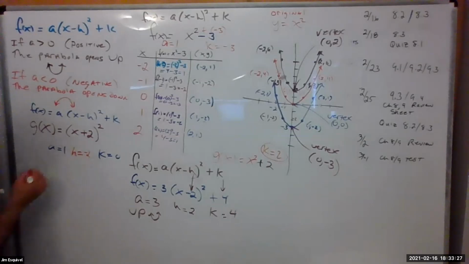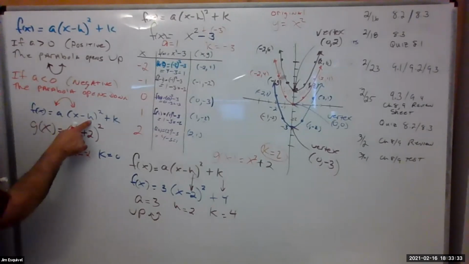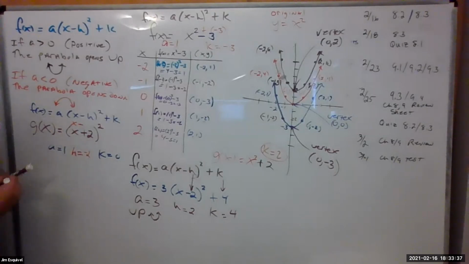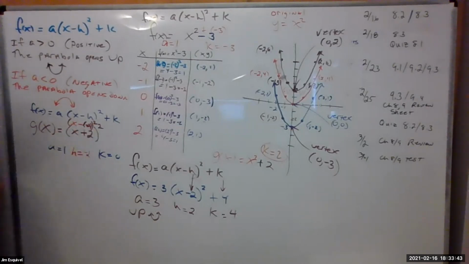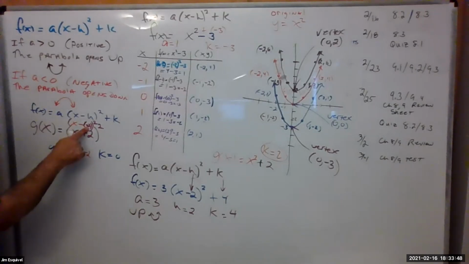The only way this comes out to be a positive 2 is because whatever you plugged in here went x minus, and then somebody plugged in negative 2, and then we squared it. H is a negative 2. A negative and a negative made that a plus 2. So H was a negative 2 to become a plus here.